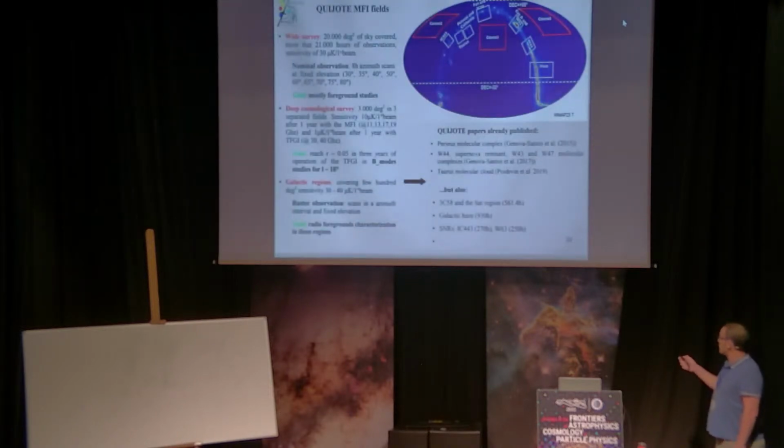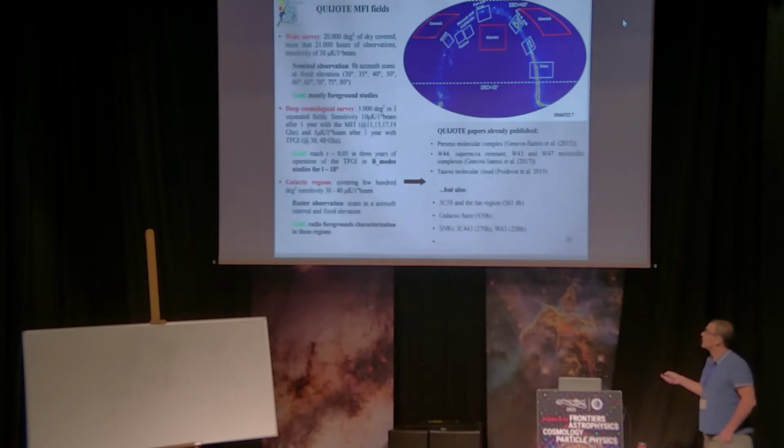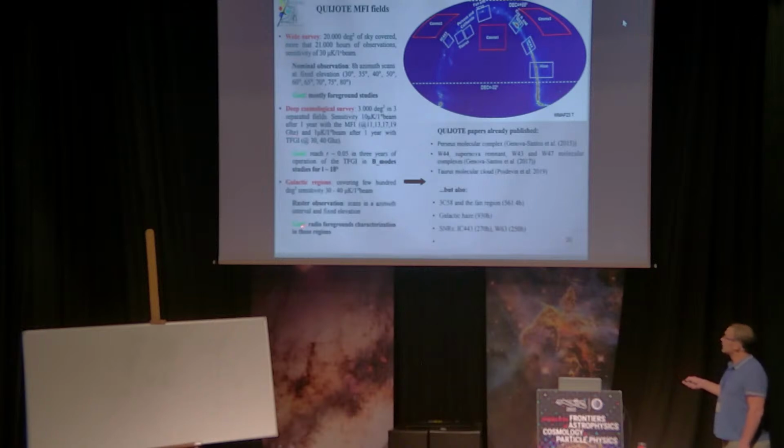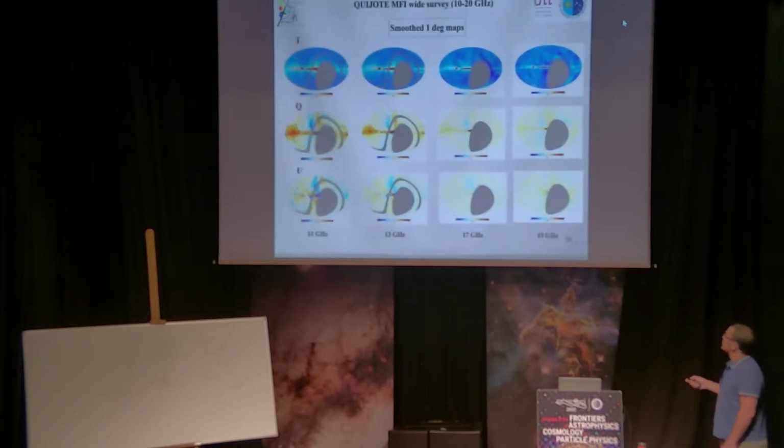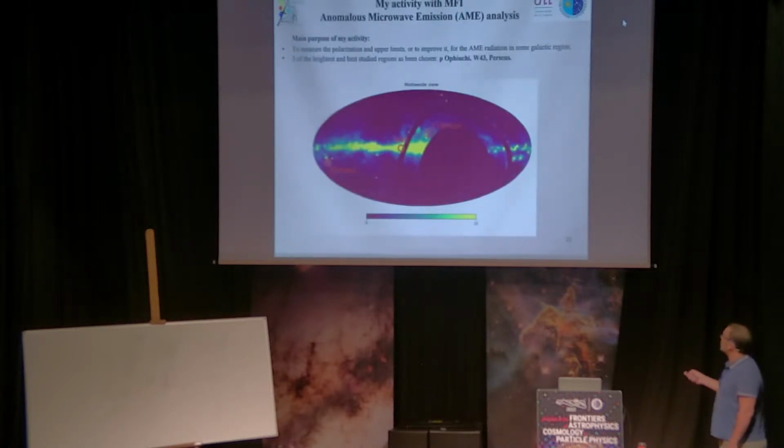And this is what the MFI did in its work. It did a wide survey, mostly for ground study, a deep cosmological survey to study the B modes, and galactic regions to study the foregrounds. These are just some maps of I, Q and U for the wide survey.